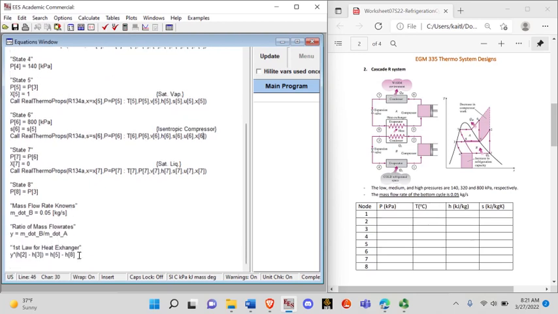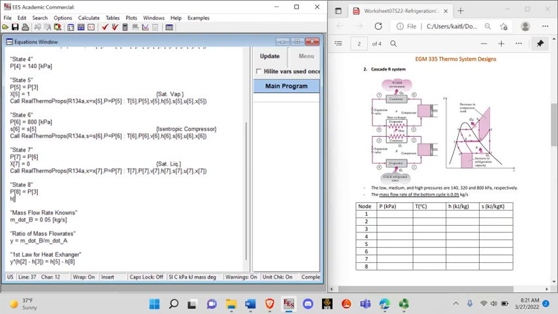Again, we can find now, I believe, or actually, don't look at the TS diagram now. If we look just at the actual flow diagram, we see from state 7 to 8, there's an expansion valve. So we know there's constant enthalpy.